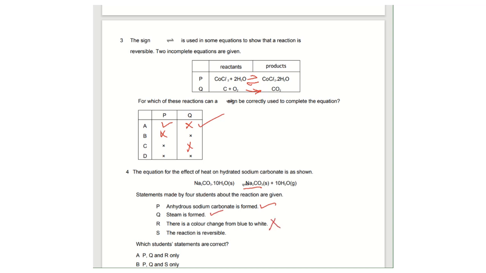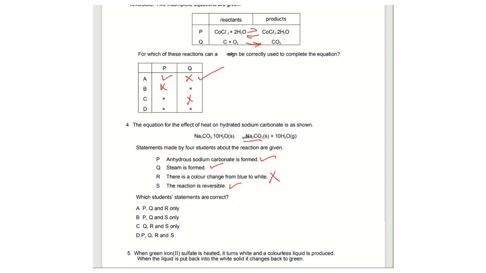No, because first group, second group, third group salts are white in color, so this is not a colored substance. The reaction is reversible. Yes, it can be reversed. So we can select the choice P, Q, S. So B will be the choice.